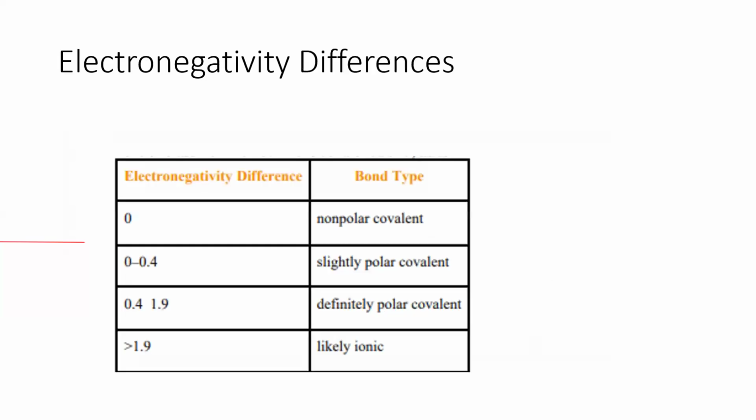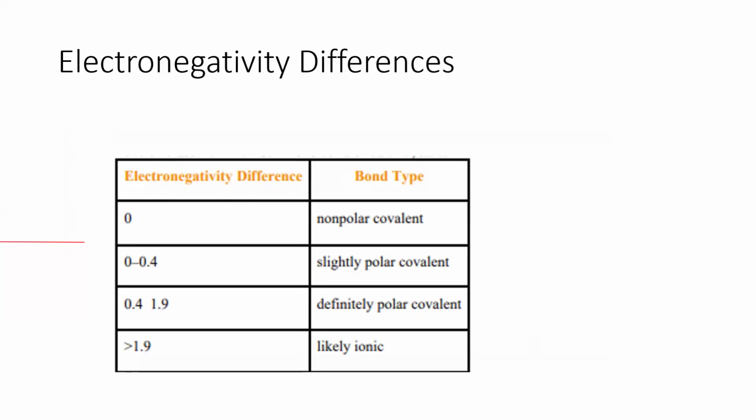That's the reason why I showed you this chart, right? This table: electronegativity difference, and this is the bond type. When we say difference, it means subtraction. Difference means subtraction. Sum means addition. Product means the result of multiplication.